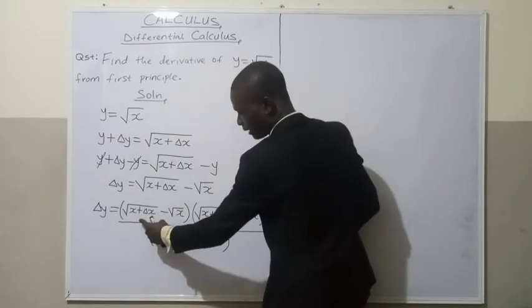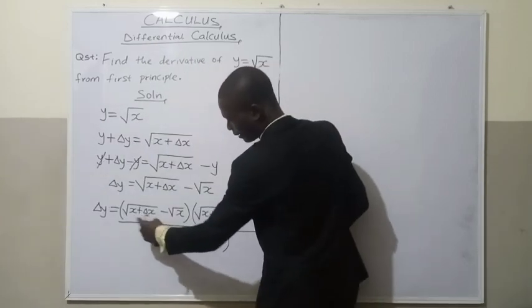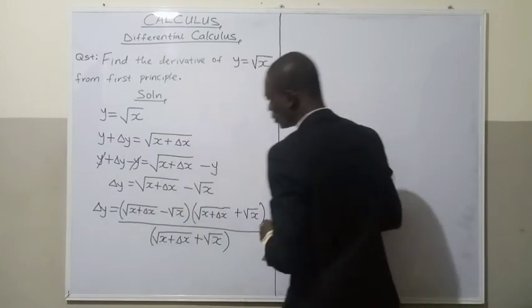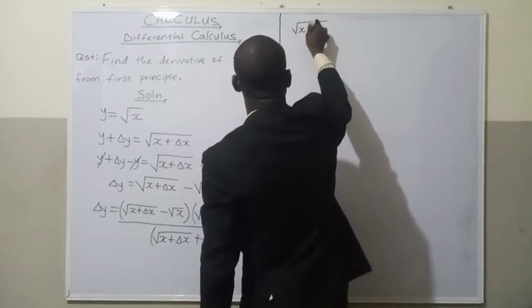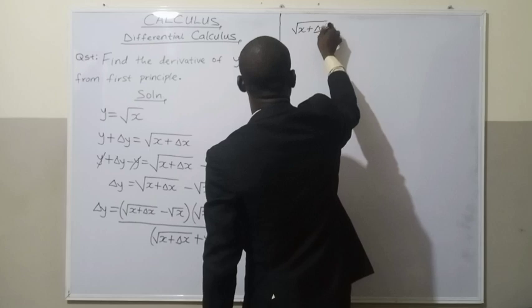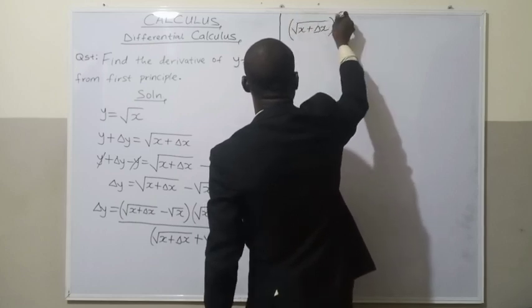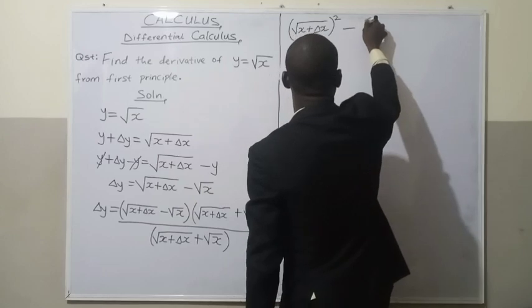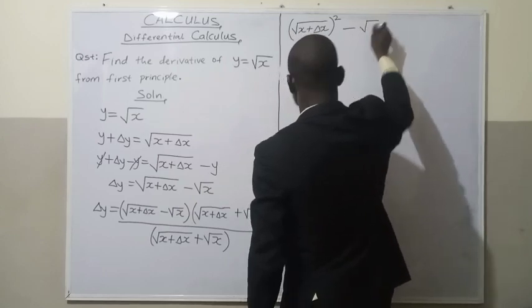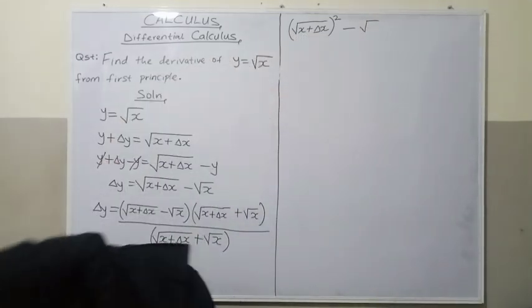Okay, so I'm bringing it up here. Now, in squaring our a, which is this one, we are going to have it to be root of (x plus delta x) squared, representing our a.